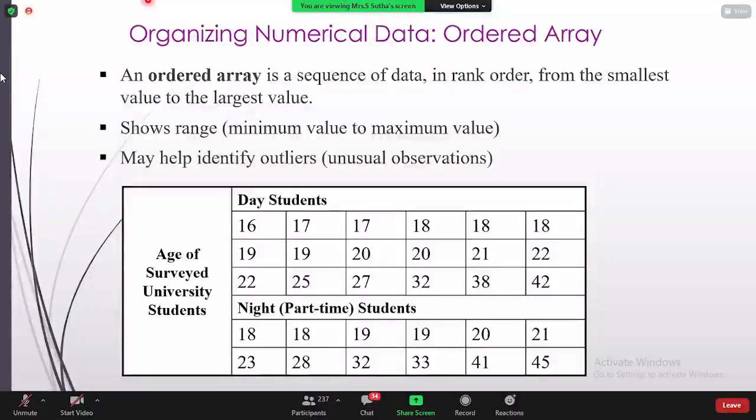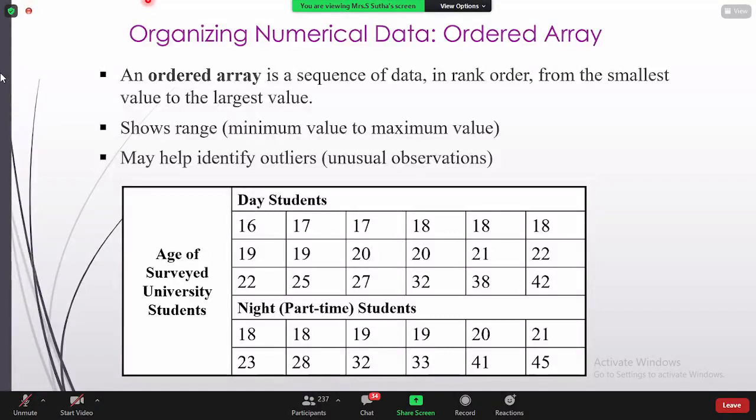Because it can take fractional units also. Yes, because now we are saying 16 years and 7 months, right? So it can take fractional points. 17 years and 2 months. So it can take fractional points. So it is a continuous variable.